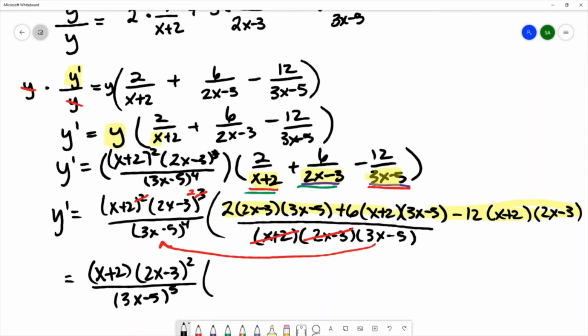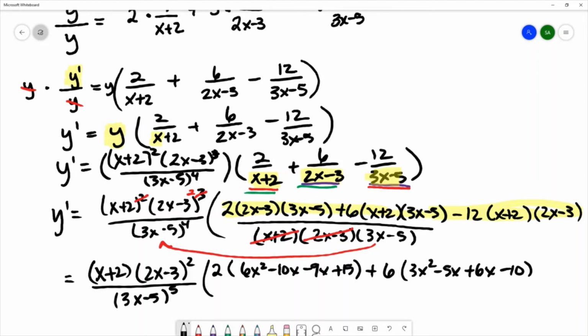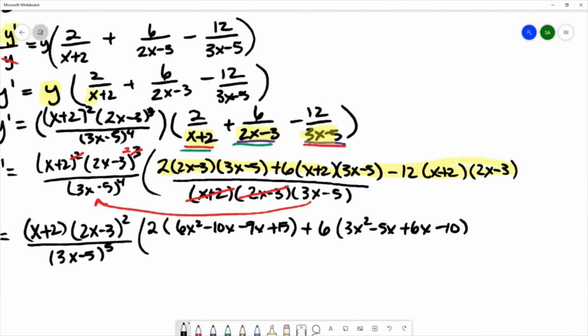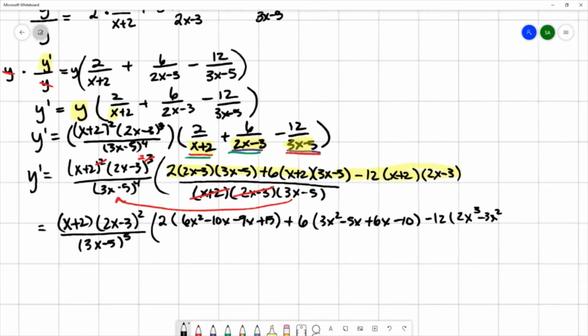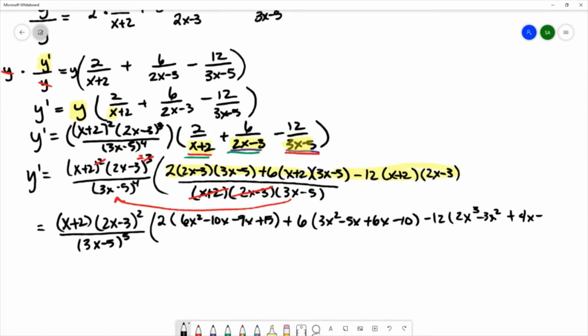So this would give me 2 times 6x squared minus 10x minus 9x plus 15 plus 6 times 3x squared minus 5x plus 6x minus 10 and minus 12 times 2x cubed minus 3x squared plus 4x minus 6.